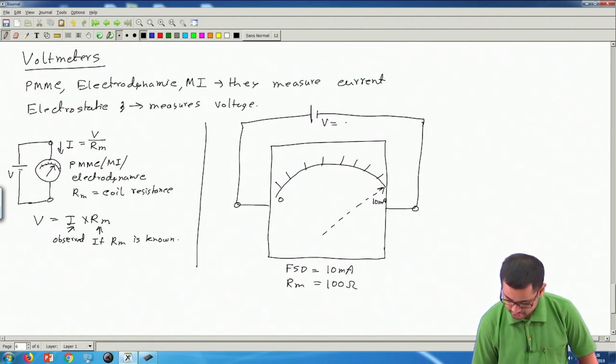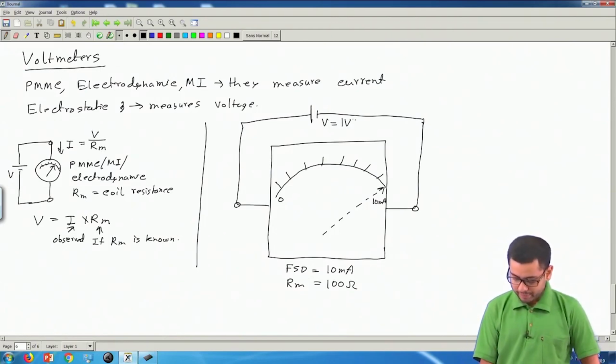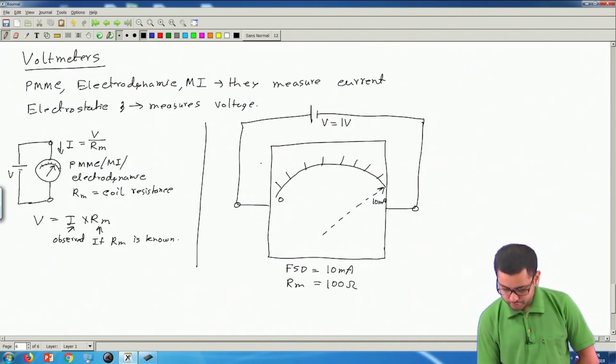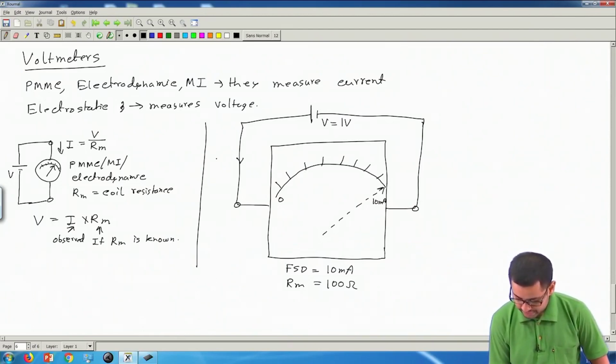Say this V is equal to 1 volt. If I apply 1 volt across this meter, then how much current will flow? The current that will flow is 1 volt divided by the meter resistance, which is 100 ohm. So this will be equal to 10 milliampere.